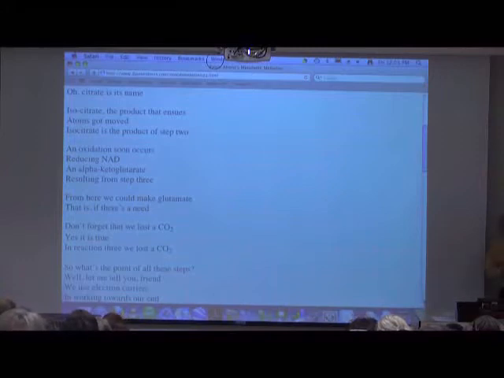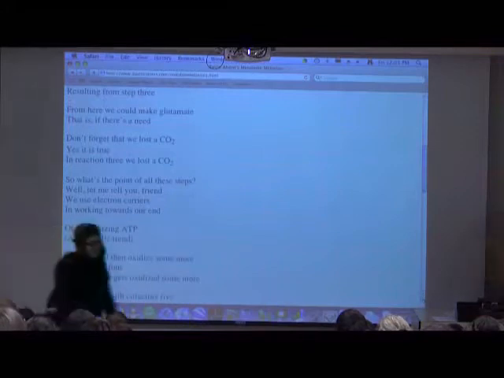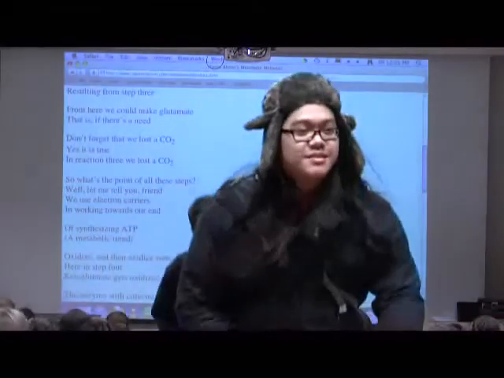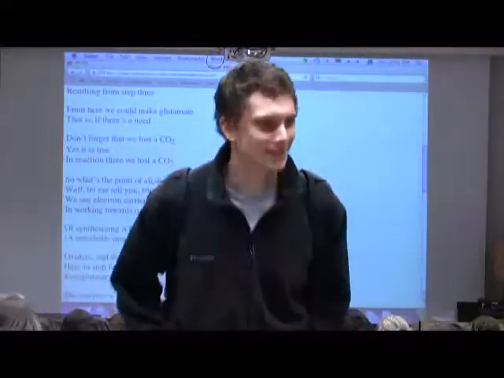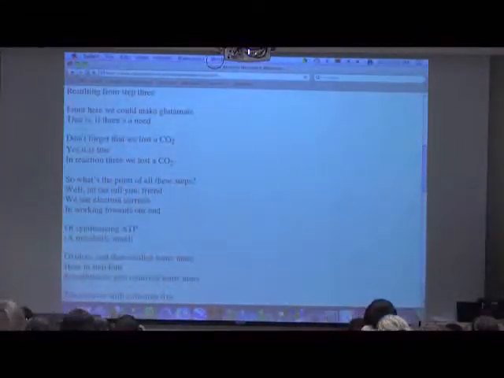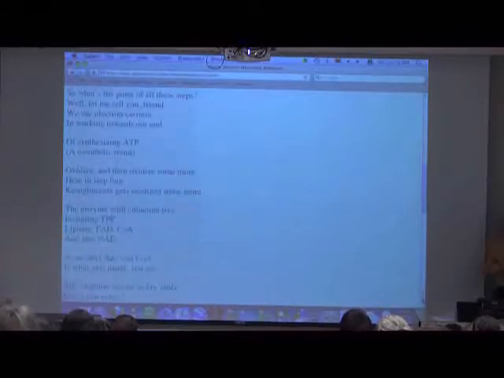From here we could make glutamate, that is if there's a need. Don't forget that we lost a CO2. Yes, it is true. In reaction 3 we lost a CO2. So what's the point of all these steps? Well, let me tell you, friend. We use electron carriers in working towards our end of synthesizing ATP, a metabolic trend. Oxidize and then oxidize some more. Here in step 4, ketoglutarate gets oxidized some more.